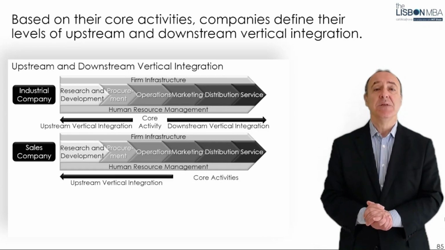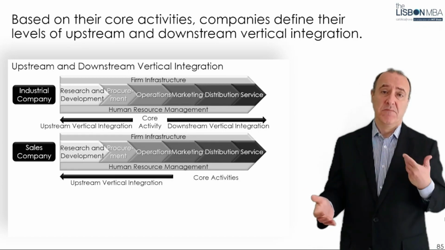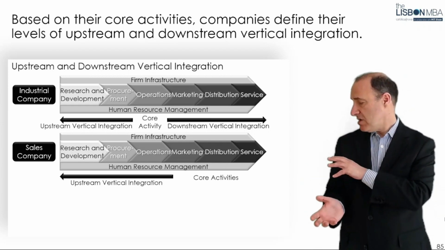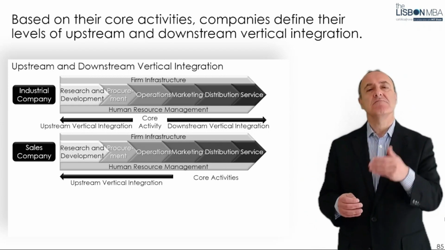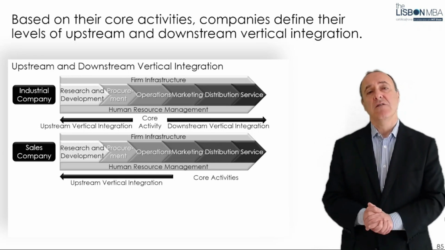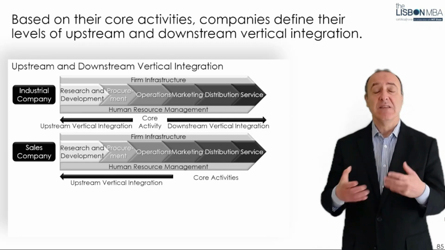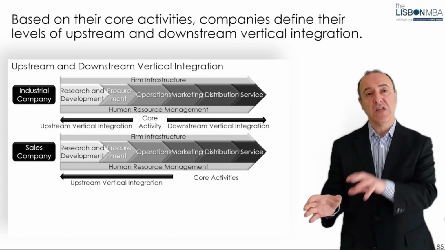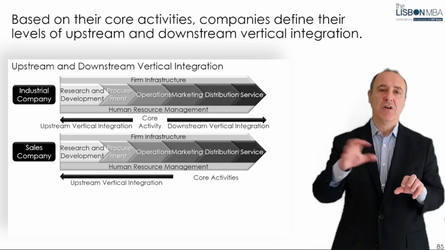Typically, a sales company can only do upstream vertical integration, right? So they have their stores, for instance, and they can do their own manufacturing if they decide to, their own research and development. For instance, some companies have their own stores and their own design, but not operations.